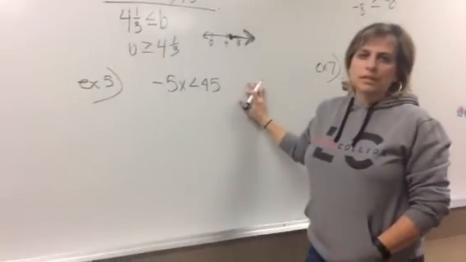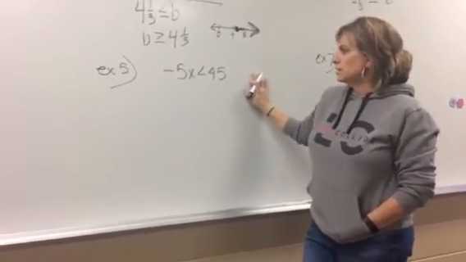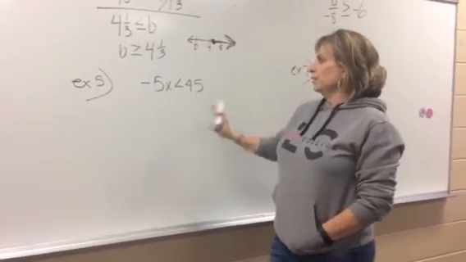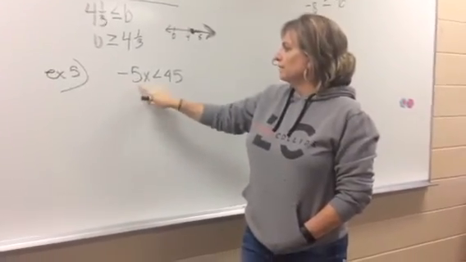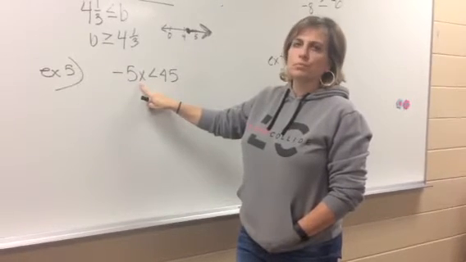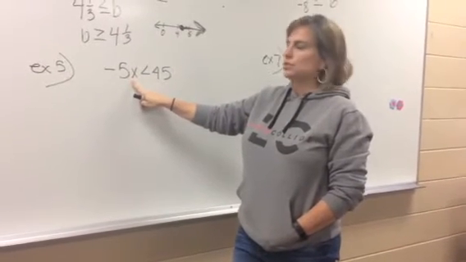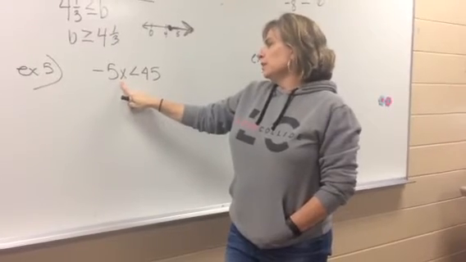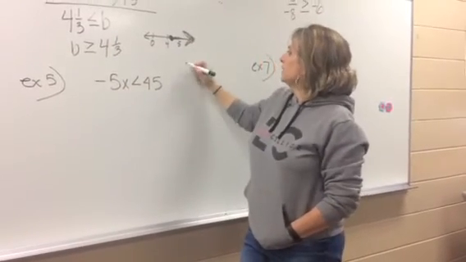Okay, this is when it starts to get tricky with inequalities. Because right now, we don't have an addition or subtraction. We have this -5 being multiplied by the x. And there is a rule that you don't use in equations, that you do use in inequalities. I'm going to write down the rule up here.